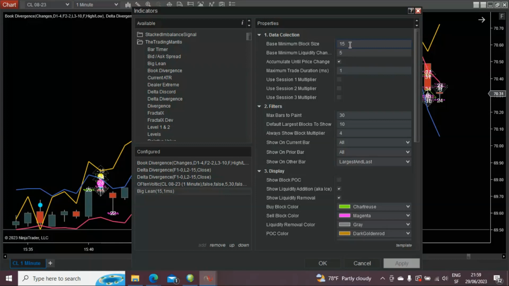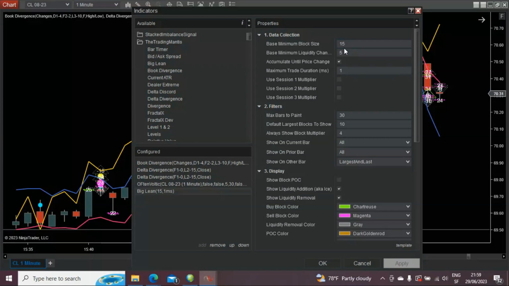Obviously, for something like ES, you would set it considerably higher. Otherwise, you'd get numbers on every single bar and every single price level. That's the minimum block size before it will print.